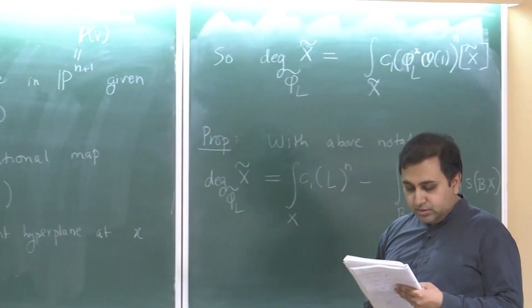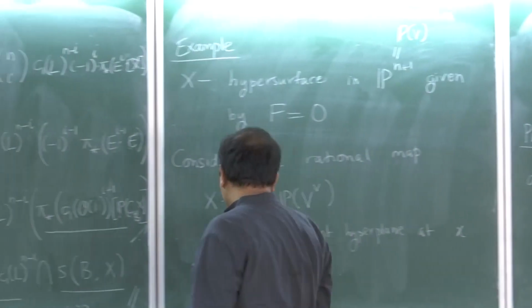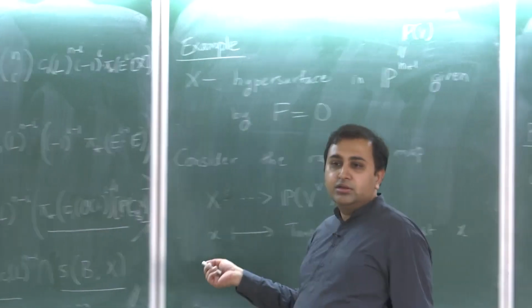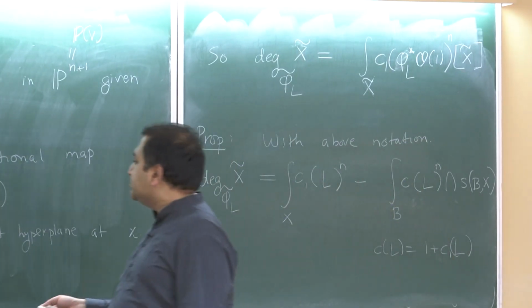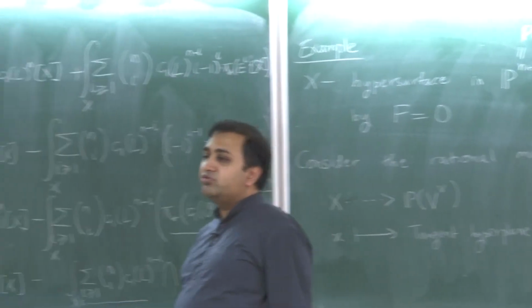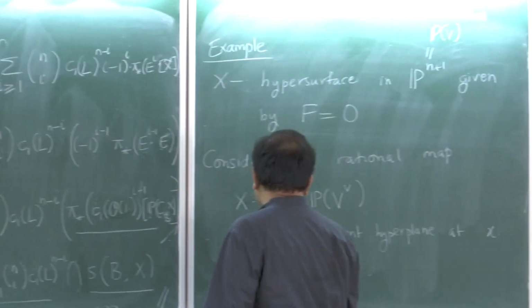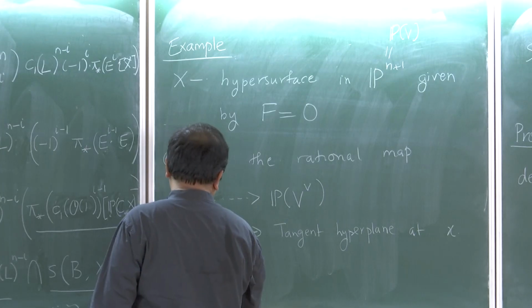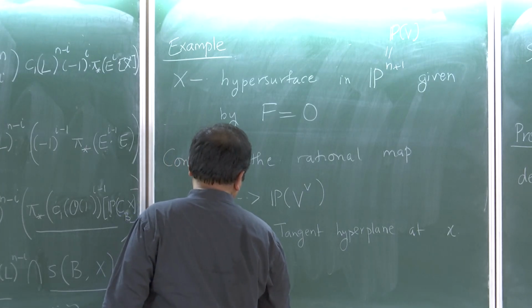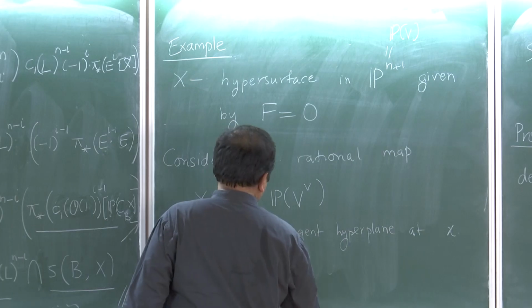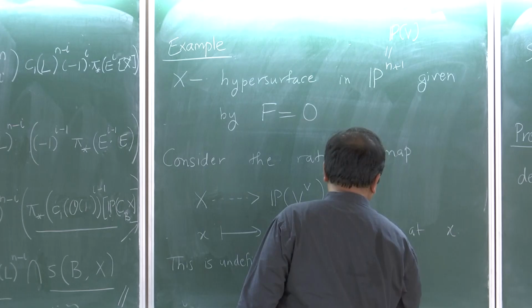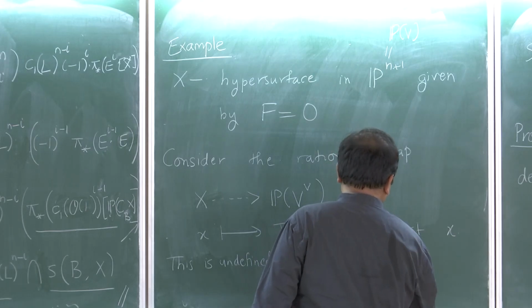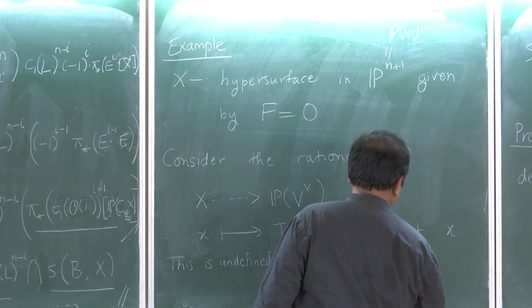Okay, so this is undefined. So where will this be undefined? Precisely where the hypersurface is not smooth, right? Where there is no tangent plane, which means that one of the partial derivatives of f has to be 0. So this is undefined on the subscheme J, which is the zero set of the collection df by dxi.